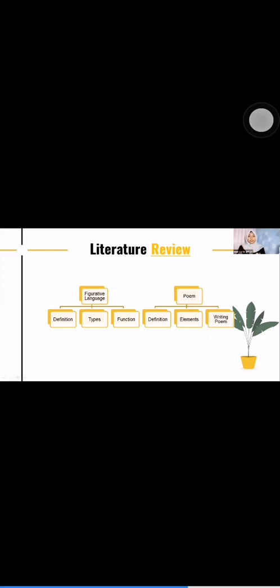It can be concluded that figurative language is language which has a different meaning from what is said. And for the types, I used Perrine, who said there are three types of figurative language. They are figurative language by contrast, by association, and by comparison.